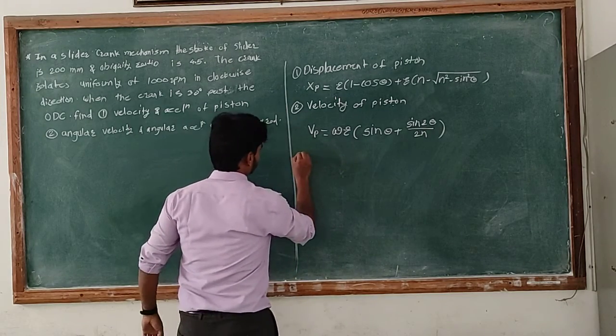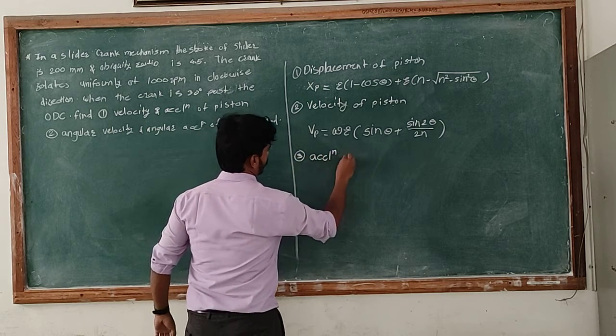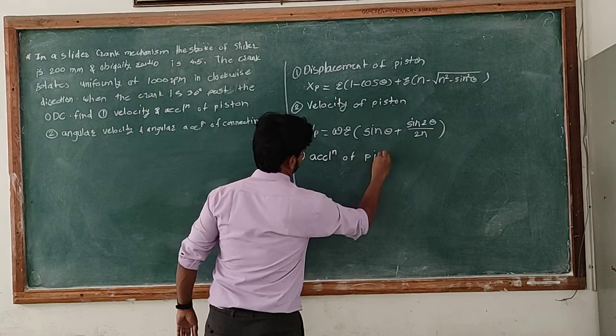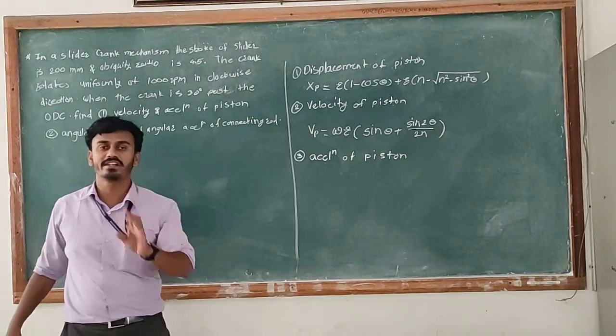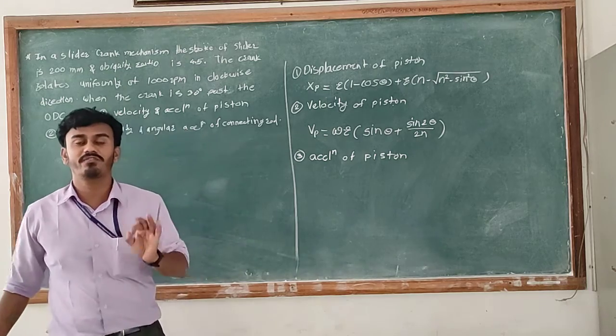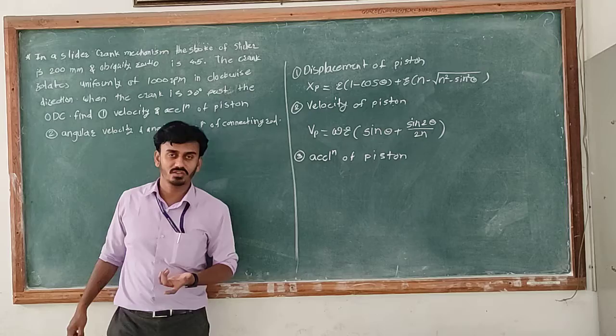Then the third one is the acceleration of the piston. Here we have two conditions: when the angular velocity of the crank is uniform and when it is not uniform. First we write the formula for uniform velocity of the crank.